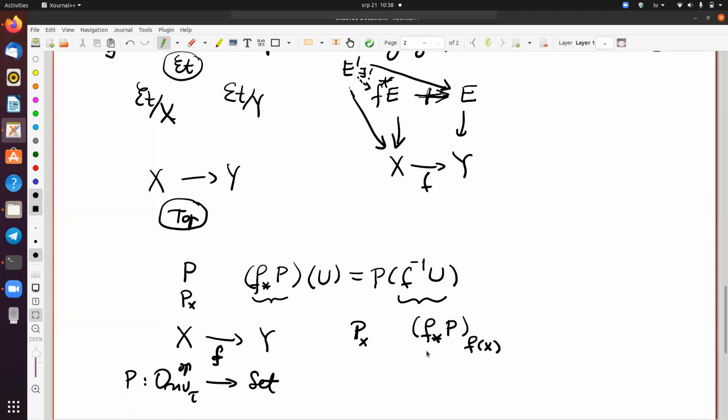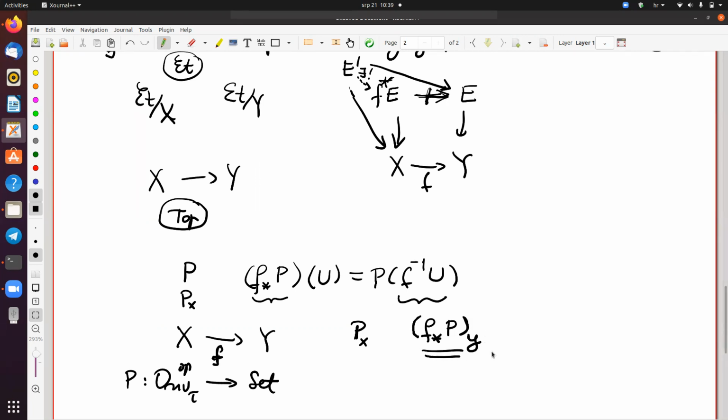So I want to know what F star P is at the point F x, which is some y. Of course you can consider all the fibers, so F star P at y.